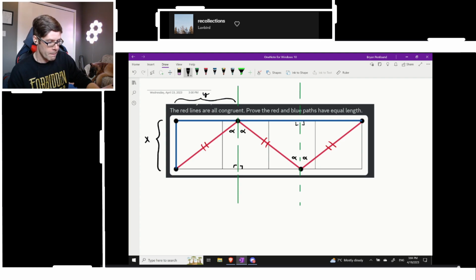So we only need to do it once, because they're all the same, and then we just need to multiply that by 3.